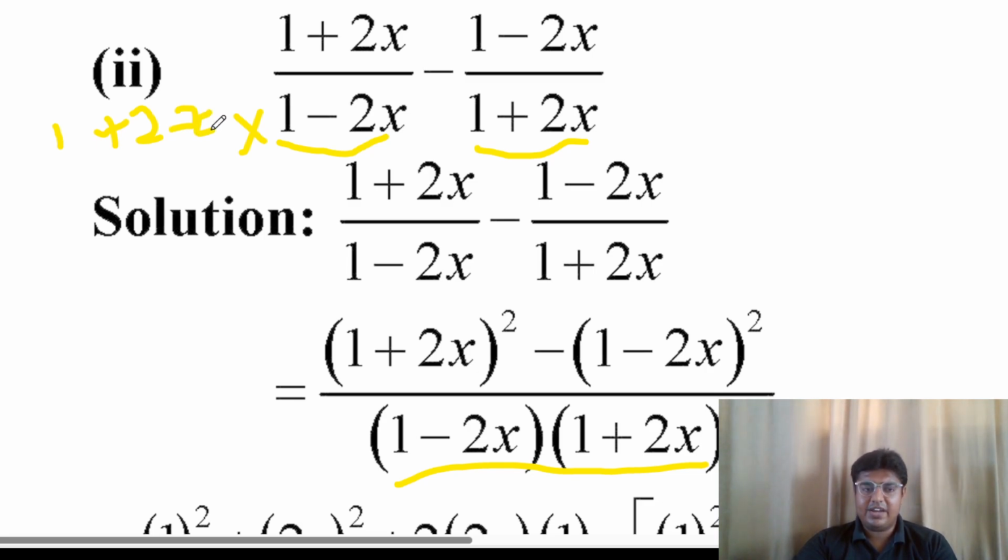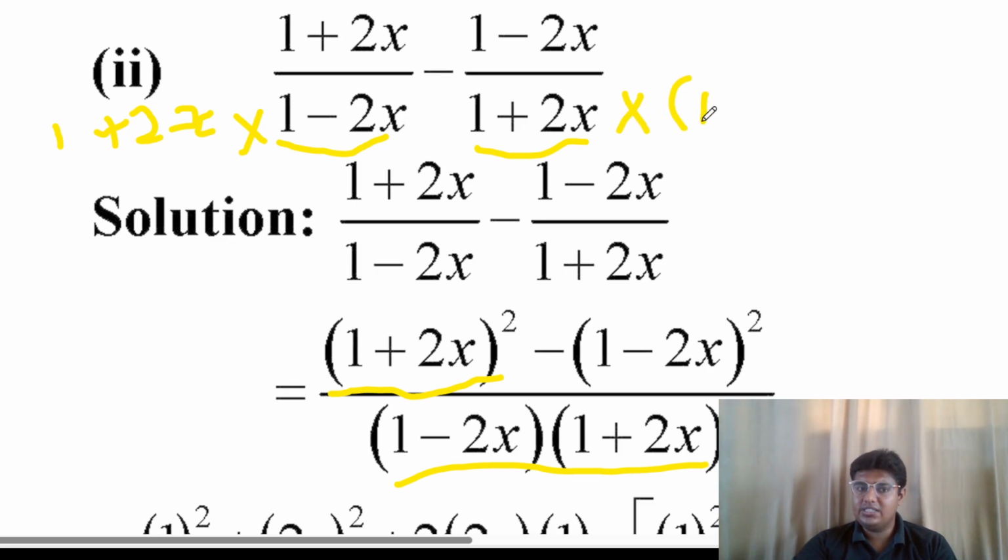And when you multiply the denominator, definitely the same working will be done with the numerator. So here 1 plus 2x multiplied by 1 plus 2x will become (1 plus 2x) square. Okay students, I hope you got the point. Here as well, 1 plus 2x is in the denominator, and which one is missing?